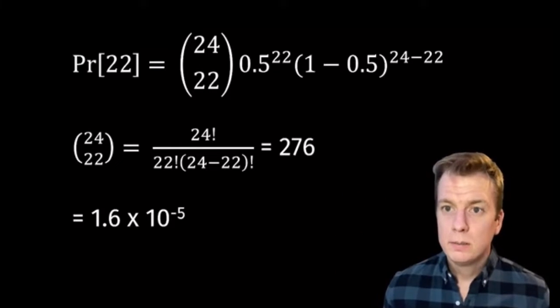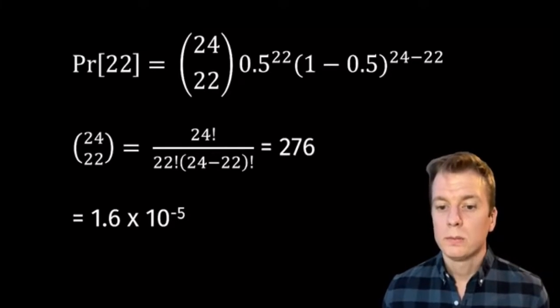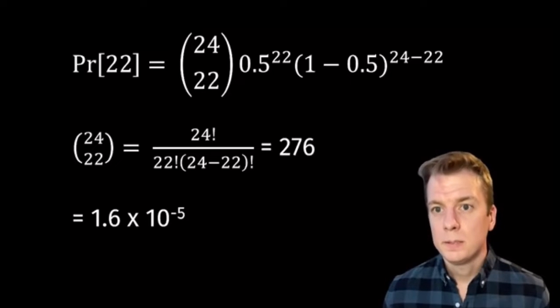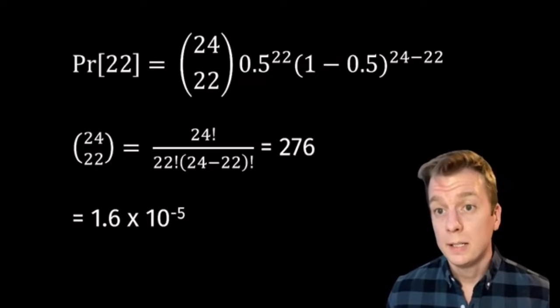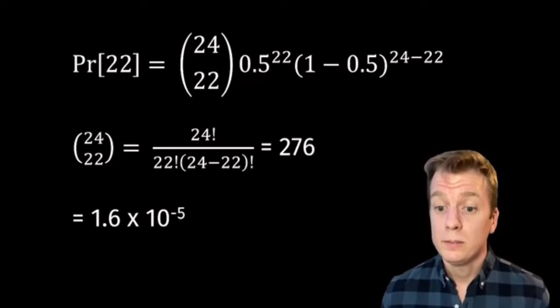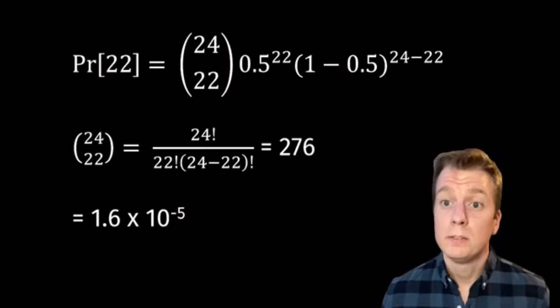The equation would read: the probability of 22 equals 24 choose 22 times 0.5 raised to the 22nd power times 0.5 raised to the 24 minus 22 power, which is the power 2.